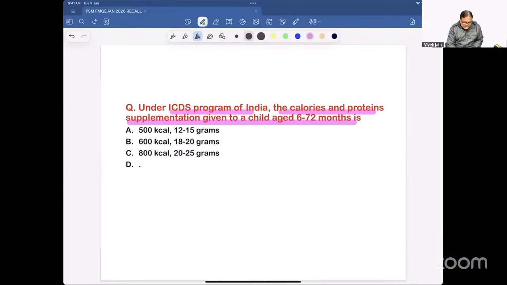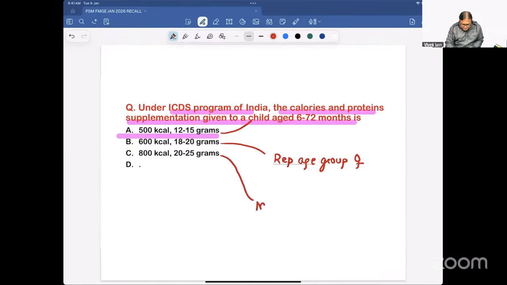So in the ICDS program, it is 500 calories. This is the answer for a child. 600 is for reproductive age group females. This is for a malnourished child as per ICDS guideline.